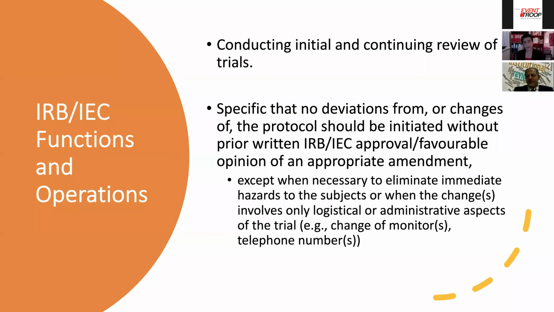When they say that, they clearly mean you cannot deviate from this, because that is all they have given you approval for. So they have to make it very clear to you that no deviations or changes from the protocol should be initiated without their written approval. So if, for example, you've done a protocol or proposal and you want to change it, you cannot implement any change without IRB approval.